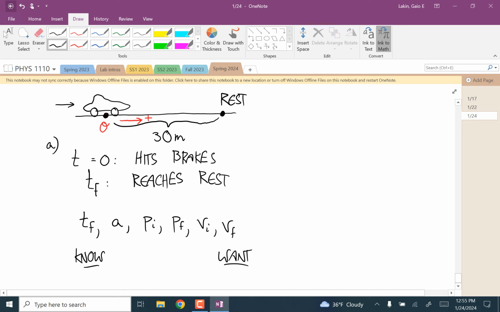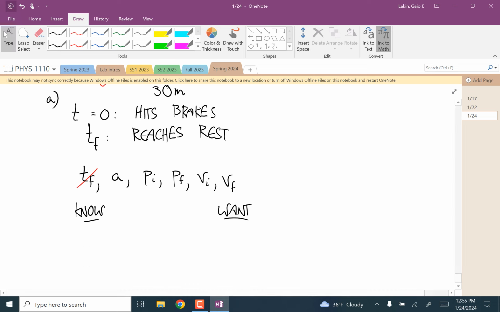Like, do we know what the stopwatch says? No. But for now, that's not the thing that we're asked to calculate, so I'm just going to leave it off of everything. Do we know what the acceleration is? No, but that's the thing that we're asked for. So we're trying to calculate A.